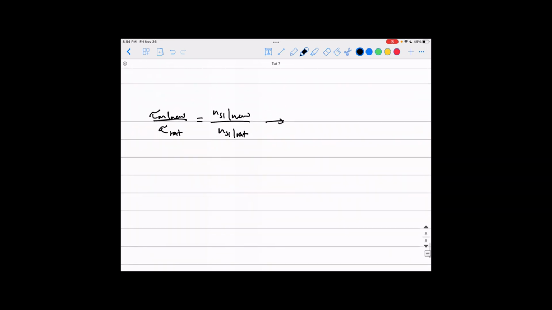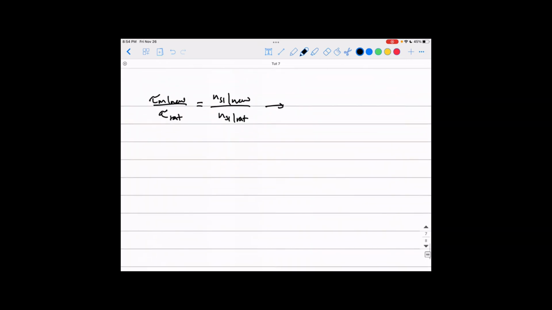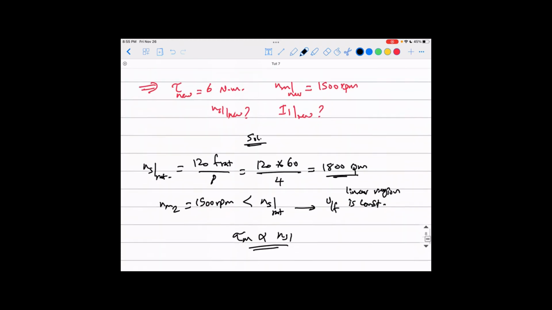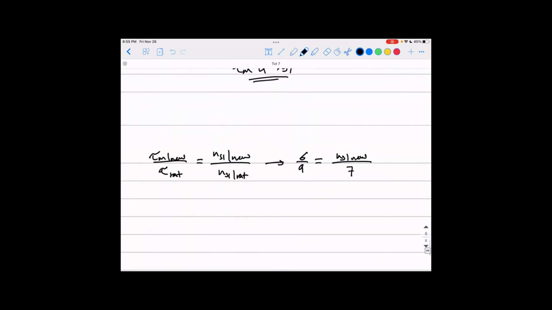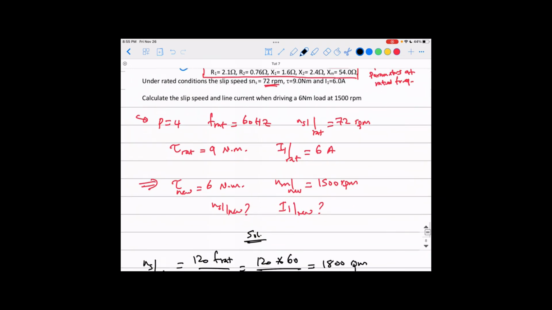The new torque is given to be 6 and the rated torque is 9, so 6 over 9 equals the new slip speed divided by the rated slip speed, which is already given at the beginning to be 72 RPMs. From this, you find the new slip speed to be 48 RPMs. That's his first objective.